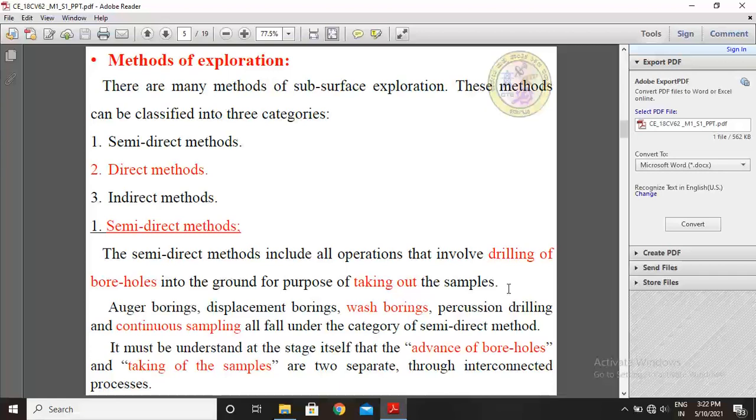There are different options in semi-direct methods: auger borings, displacement borings, wash borings, percussion drilling and continuous sampling all fall under the category of semi-direct methods. So these are the different methods available for collecting soil samples in the field. It must be understood at this stage itself that the advance of boreholes and taking of the samples are two separate though interconnected processes.